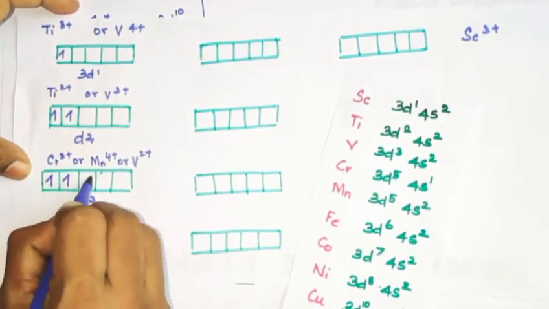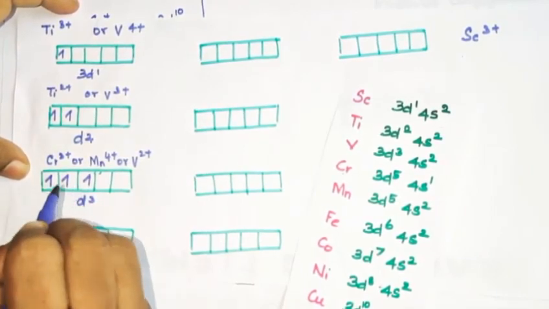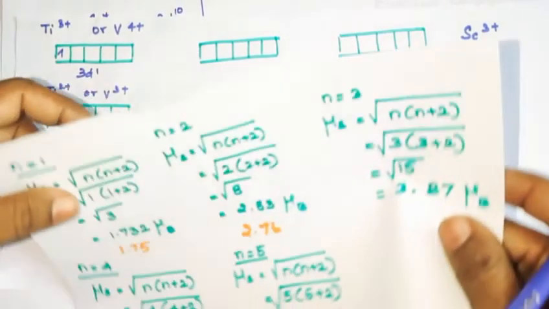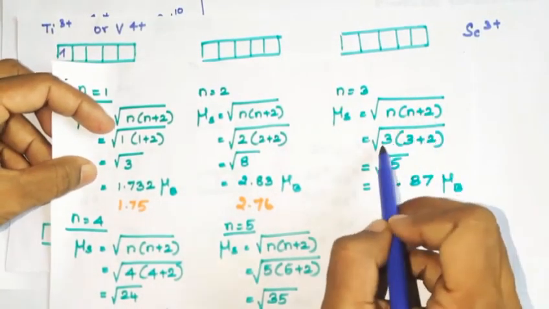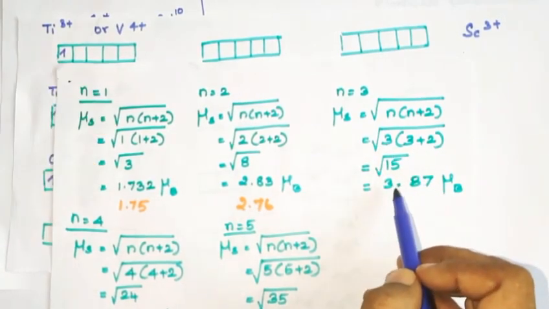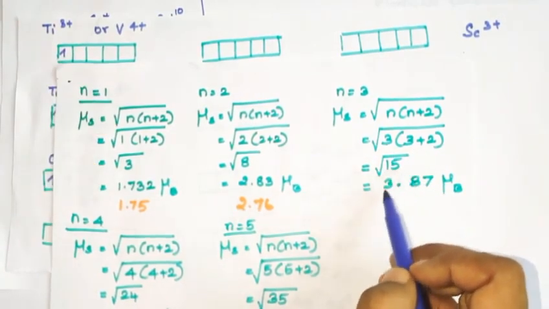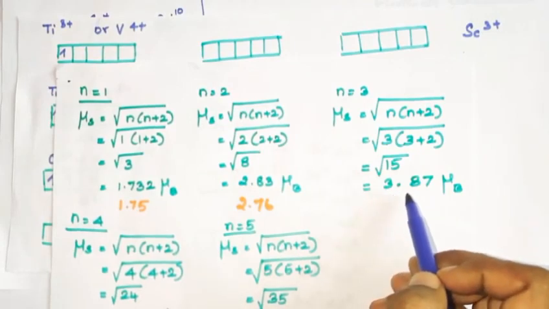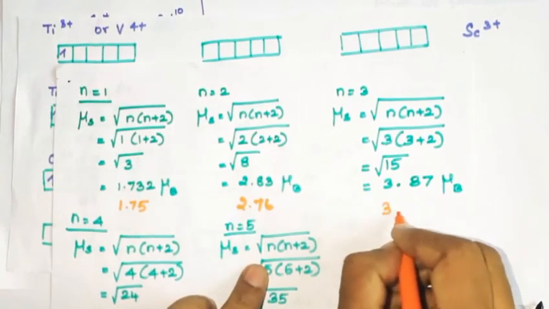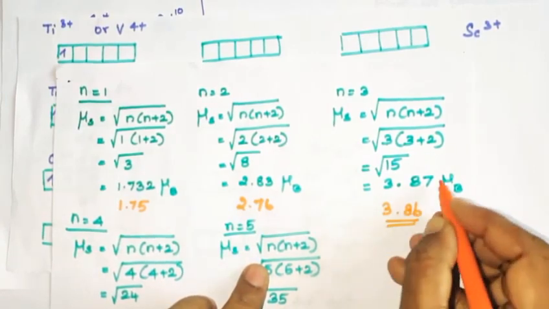And the number of unpaired electrons? 3 unpaired electrons in chromium 3 plus. Substituting in the equation, square root of 3 into 3 plus 2, so root 15. The answer is 3.87. The observed value is 3.86.